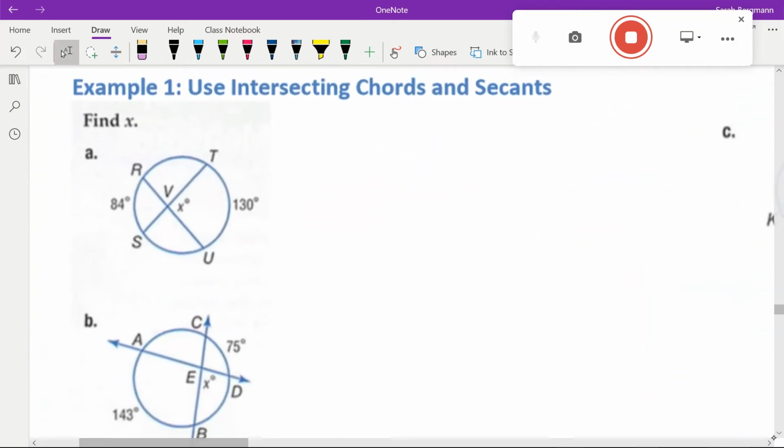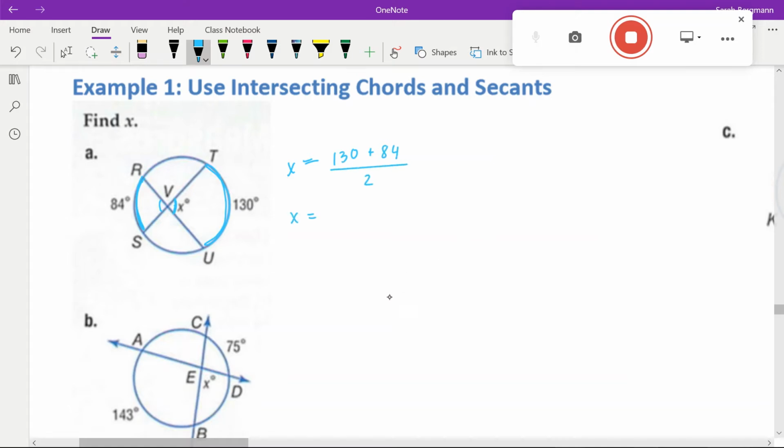Use intersecting chords and secants to find x. Remember, we said the angle measure here, if it's inside the circle, is equal to the measure of its arc plus the measure of the arc of its vertical angle, divided by 2. So x is equal to (130 + 84) divided by 2.